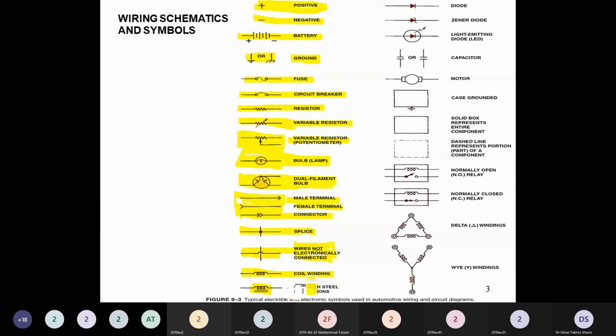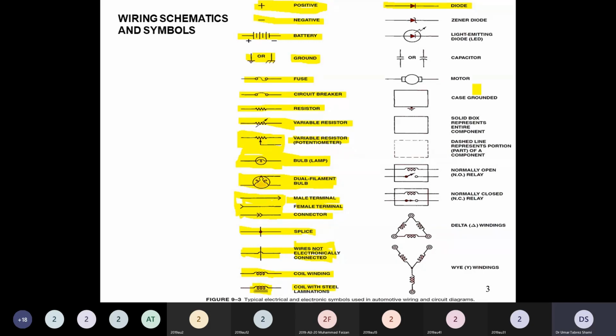Right. After this, there is the symbolic representation of a diode. A diode is a semiconductor device which will allow current to pass only in one direction. And what is the direction?